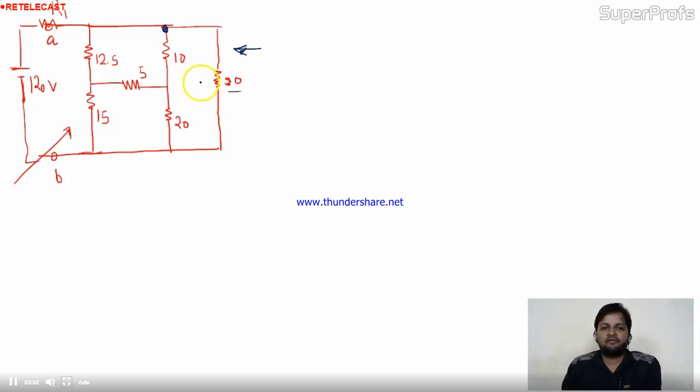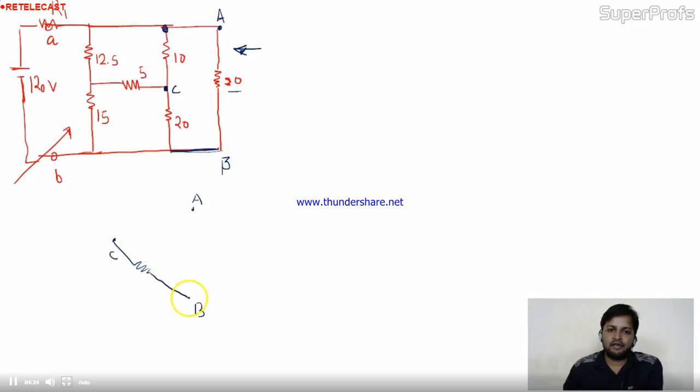So tell me, which type of connection is this then? Is this star connection? No. Is this delta connection? It is not clearly visible, right? But we can make it visible. See, suppose this is point A, this is point B, and this is point C. I can redraw it: C, A and B. Between C to B we have 20 ohm.